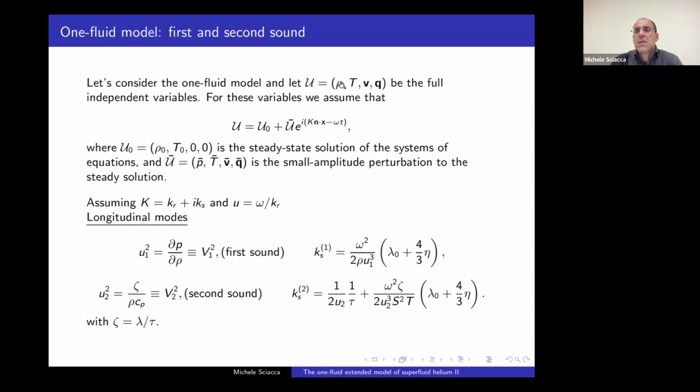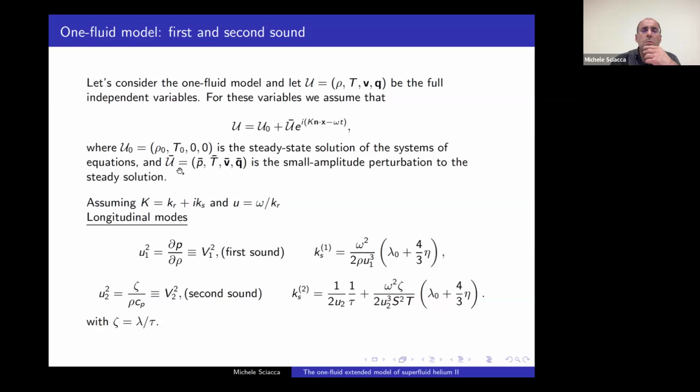In our system they are density, temperature, velocity, and flux. It's a classical approach. We consider the steady state solution, which is given by constant density, constant temperature, zero velocity, and zero heat flux, a steady state without anything moving.